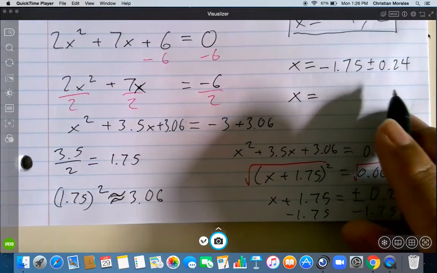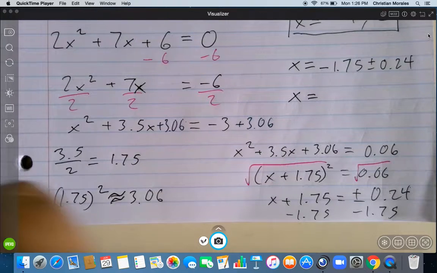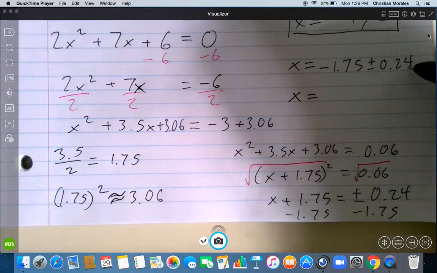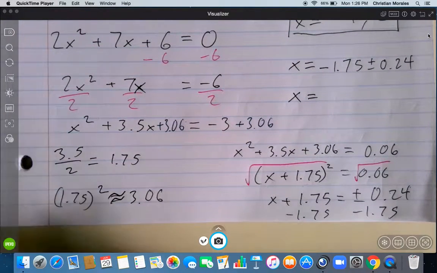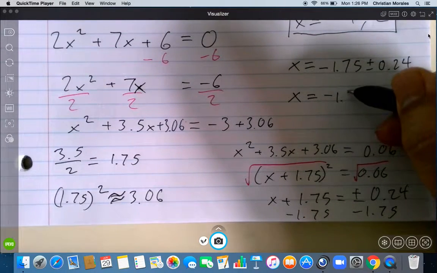Okay, I'm going to do one where I minus. Let's see, 1.75 plus 0.24. I get, that's pretty close. It's like -1.99.